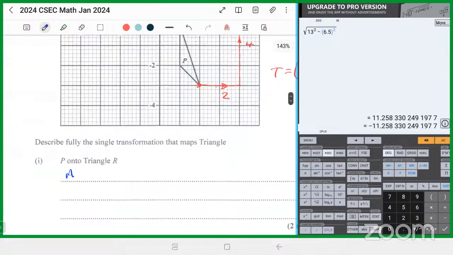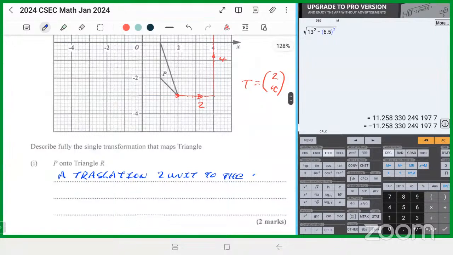So I'm going to write translation. It's the name of the transformation. Translation 2 units to the right, equals 2 units in the x direction, 2 units to the right, and 4 units upwards.